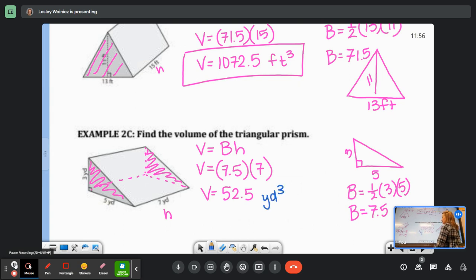Okay, so it has to be cubic yards because this 7.5 is yards squared, and this 7 is yards. So I have yards squared times yards to the first. And when I multiply same bases, I have to add my powers. 2 plus 1 is 3 for the power.